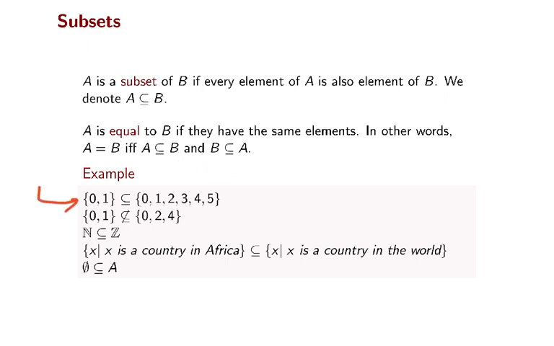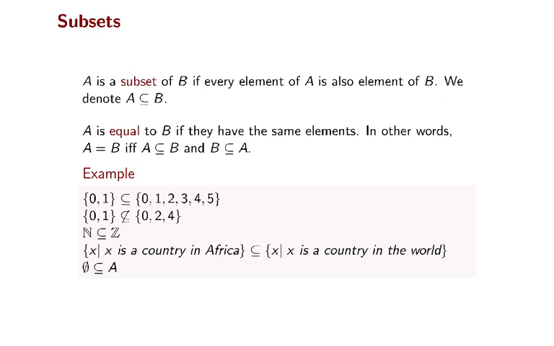Examples: we have here that the set of the numbers 0, 1 is contained in the set of the numbers 0, 1, 2, 3, 4, 5. So we see that all the elements in A are also in B. We see also here that the set 0, 1 is not contained in the set 0, 2, 4.